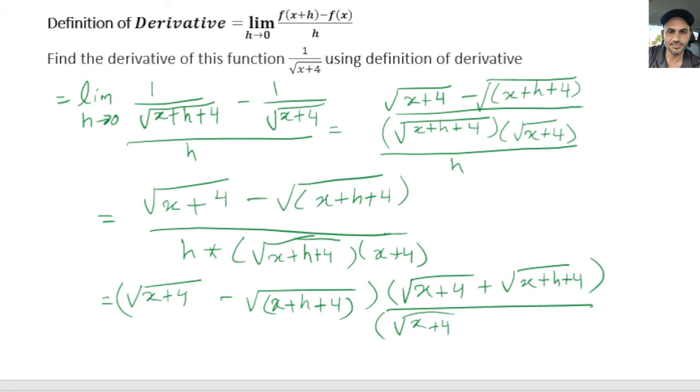All right, so plus square root of x plus h plus 4.